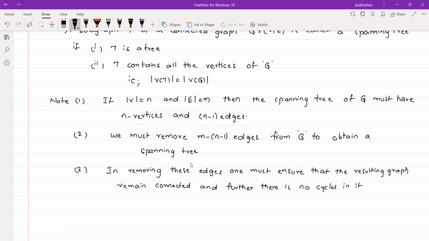Then only we say that that particular connected graph is a tree, a spanning tree, of course.